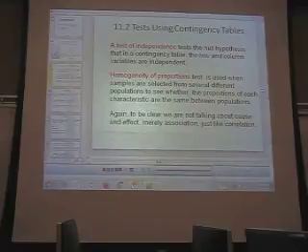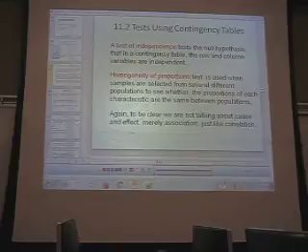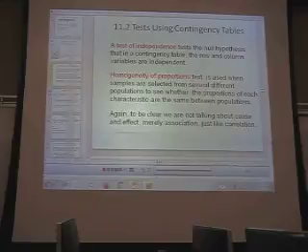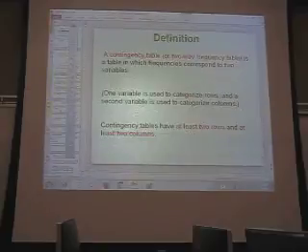Homogeneity of proportion test is used when samples are selected from several different populations to see whether the proportions of each characteristic are the same between populations. Again, to be clear, we are not talking about cause and effect, merely association, just like correlation. Right, we're not saying that one causes the other one, we're saying that they're related. They're correlated in some way.